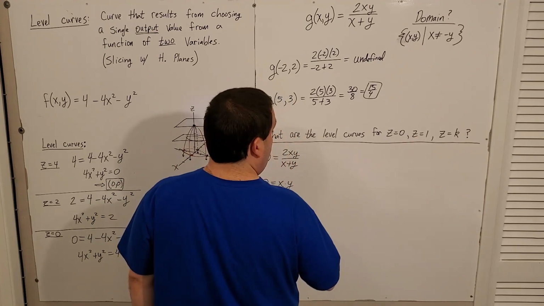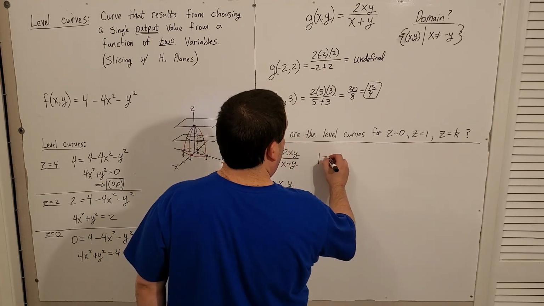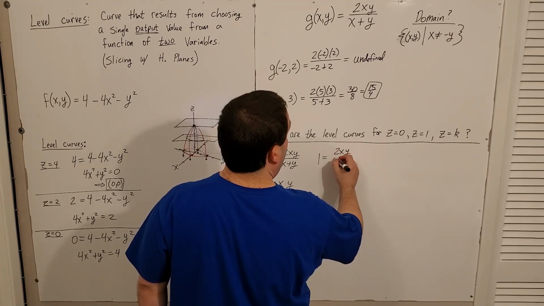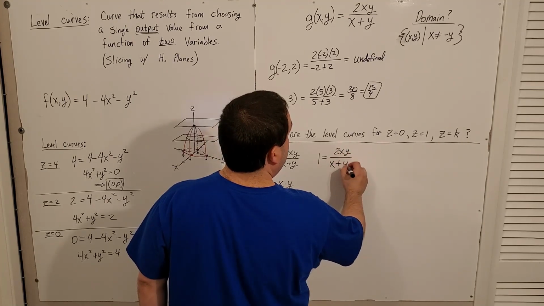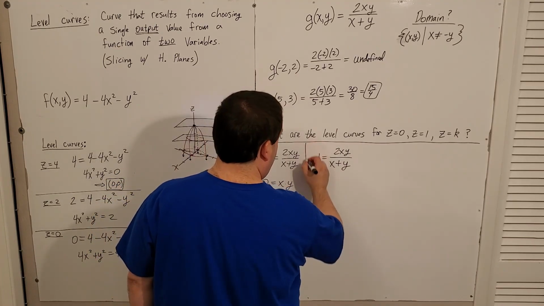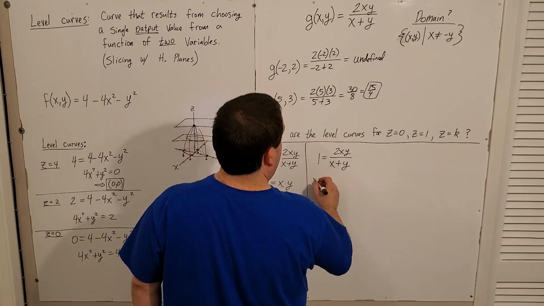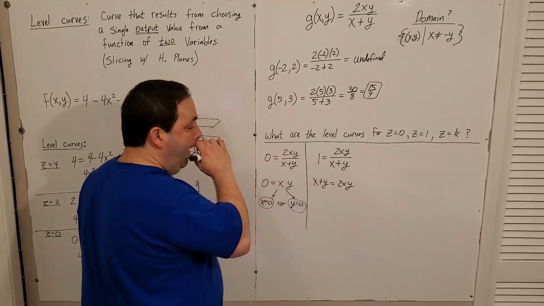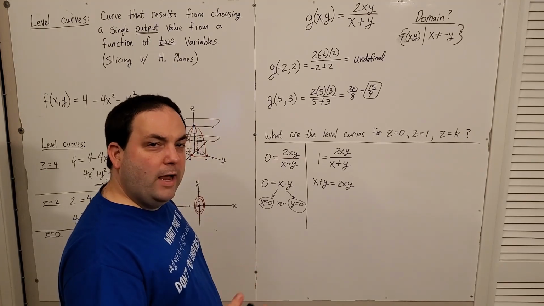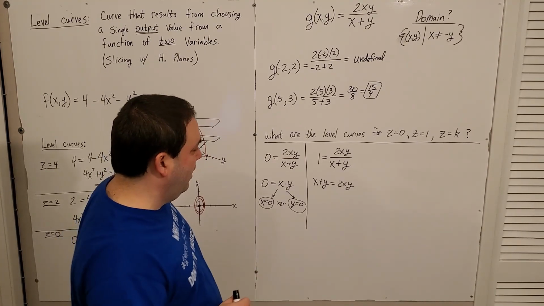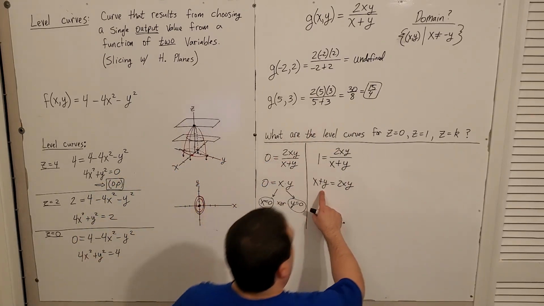Okay, z equals 1. 1 equals 2xy over x plus y. Multiply both sides by x plus y. So I have x plus y equals 2xy. And to make this something that we would recognize how to graph in 2D, let's go ahead and get y by itself, right? So I'm going to subtract the y.